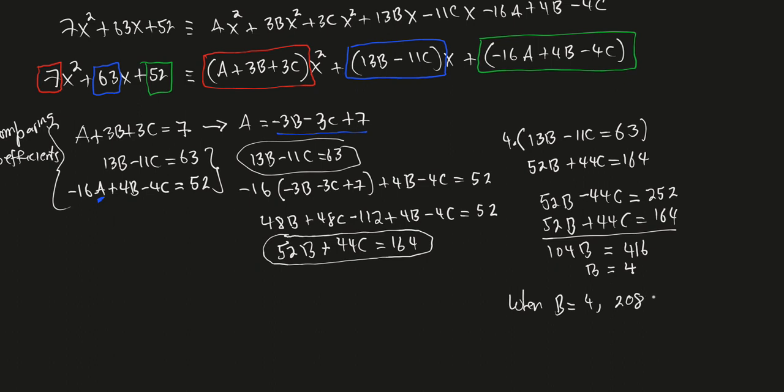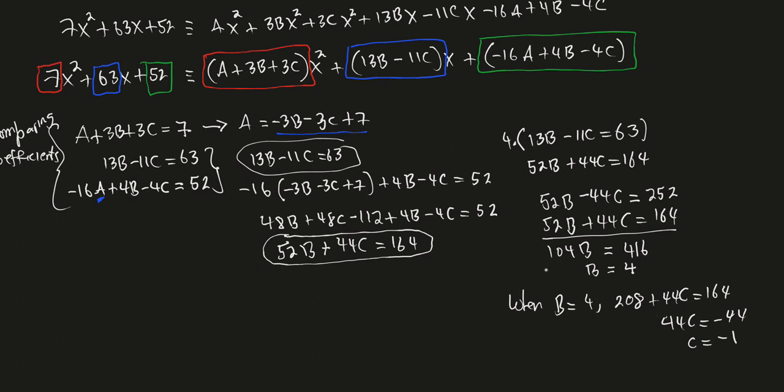So I have 208 plus 44c is equal to 164. And then 164 minus 208, so that is a negative 44. So I have 44c is equal to negative 44. So that means c is negative 1.